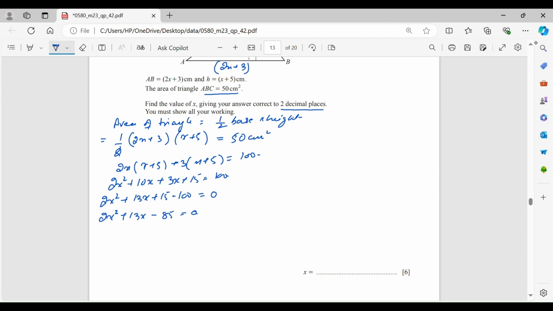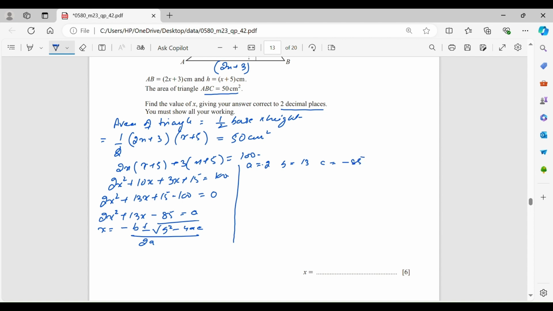Now x will be equal to minus b plus minus root of b square minus 4ac over 2a, right? Now x will be equal to, a is equal to 2, b will be equal to 13 and c will be equal to minus 85.